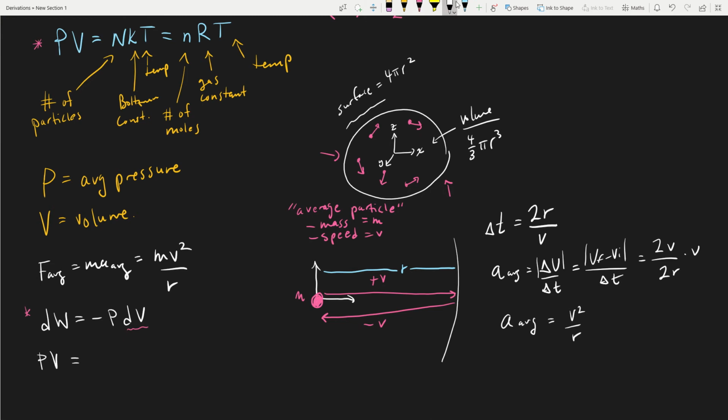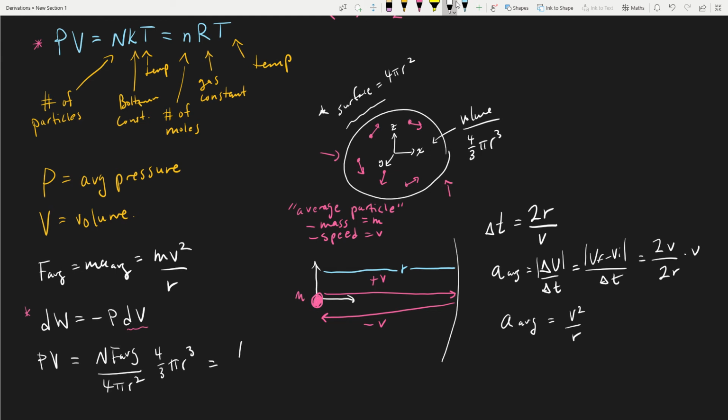P is going to be N molecules, because remember we did the average force, N molecules times the average force over the surface area. Now the surface area is 4 pi r squared, as we already talked about, and times the volume, which is 4 over 3 pi r cubed. So N times F average, we already defined F average.